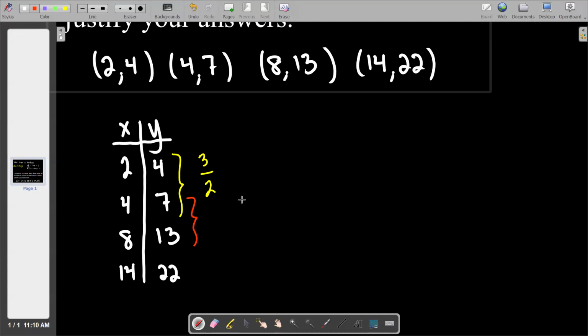So our delta y is 6. What's our delta x? Yeah, 4 goes up by 4 to become 8. Is 6 over 4 the same rate as 3 over 2? It is, because if you reduce it, it's the same. Selling 6 things in 4 hours is exactly the same rate as selling 3 things in 2 hours.